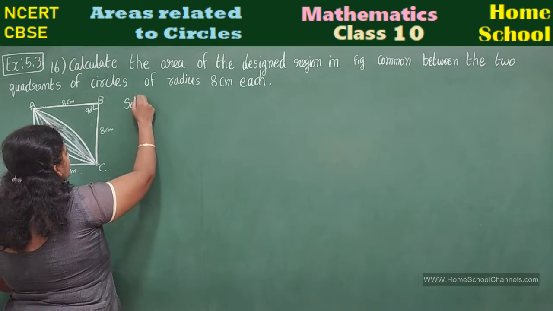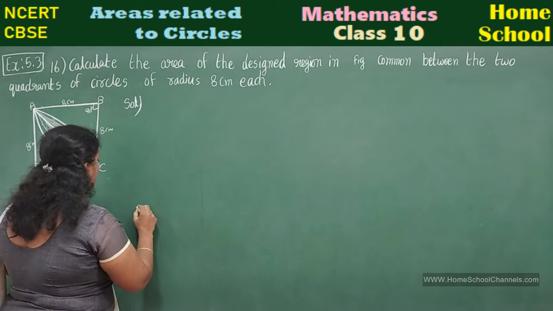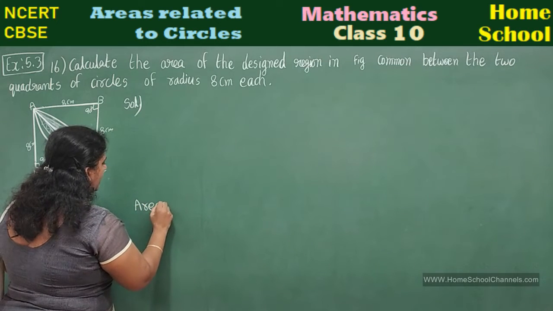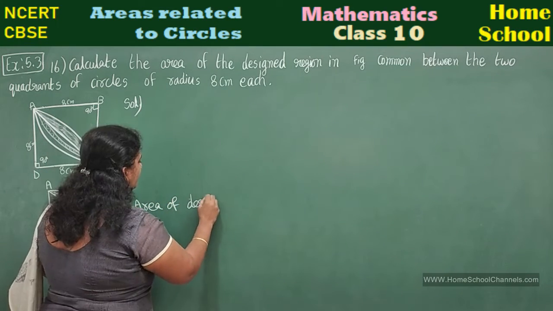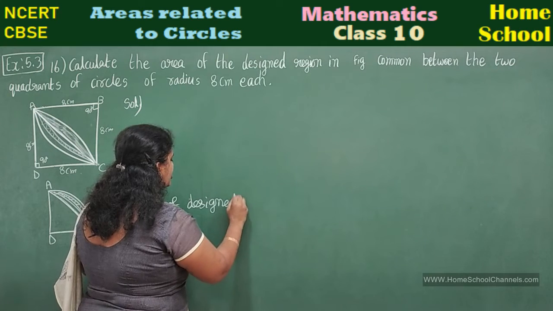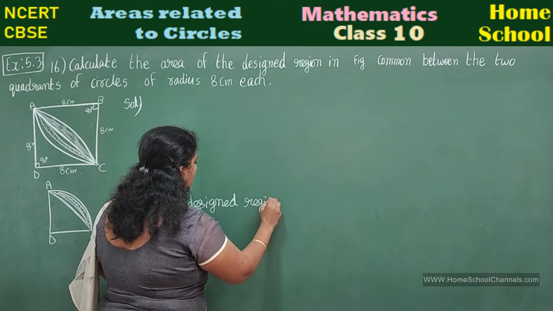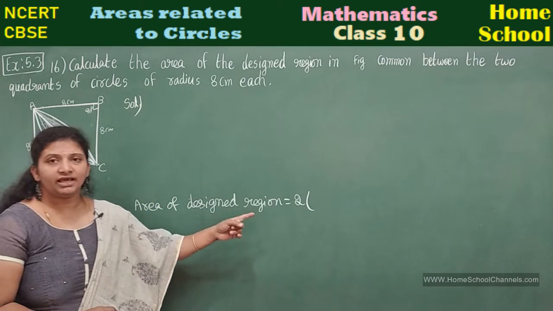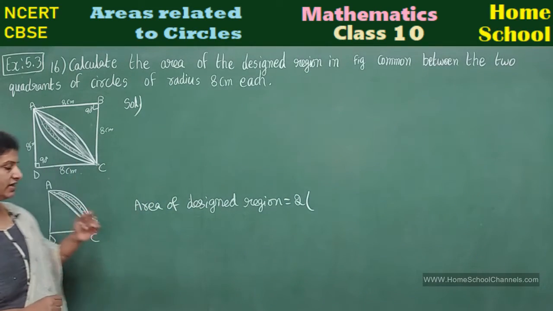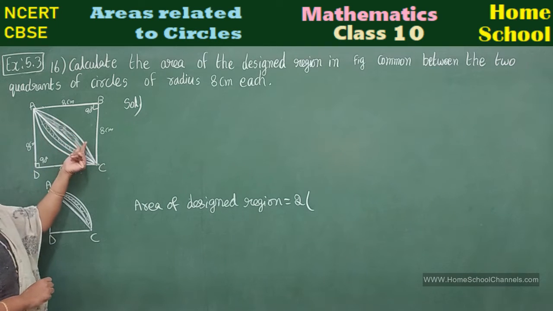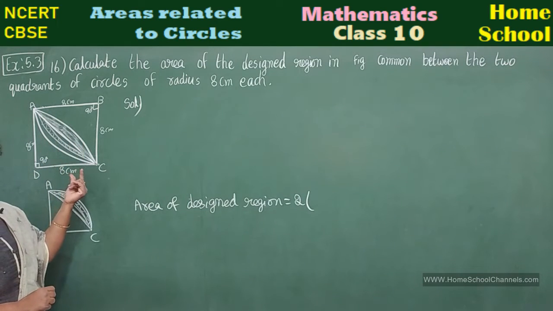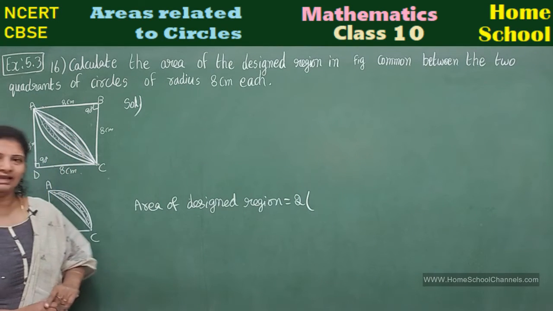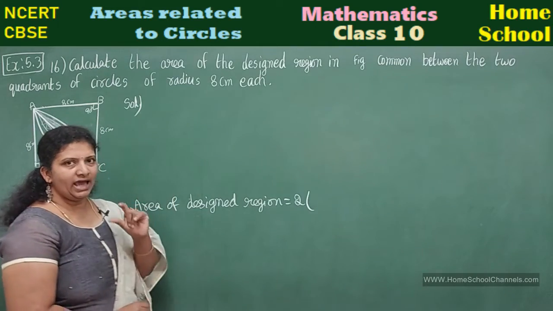Let us start the solution here and frame the formula. Area of designed region is equal to 2 times, I am giving 2 times. That means if you find half of this design and multiply with 2, you are going to get the complete designed area. So how are we going to get half of the design?